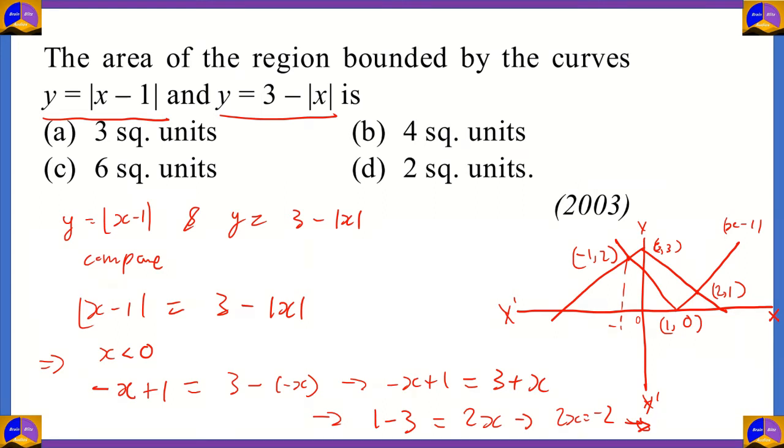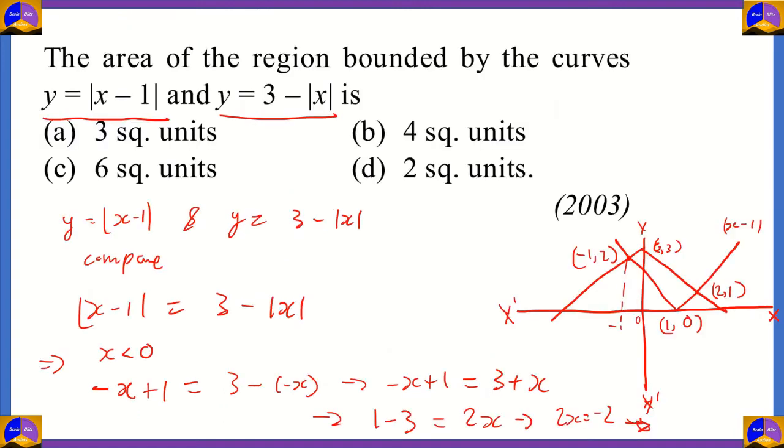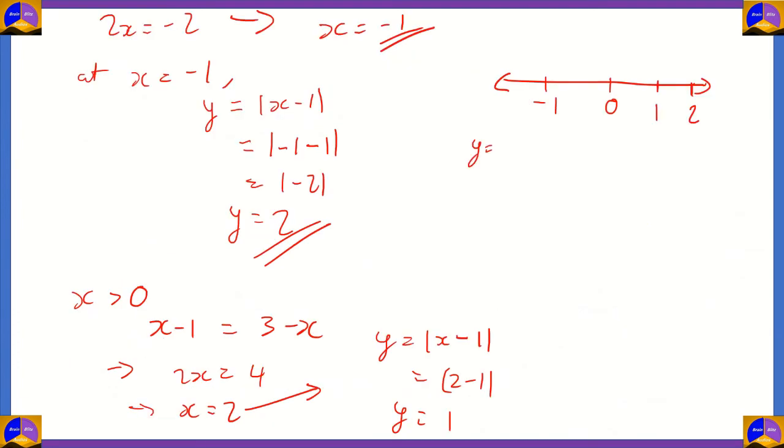So therefore, using this, for y equals 3 minus mod x, you will get a negative value first, then you will have a positive value, and again a positive value.